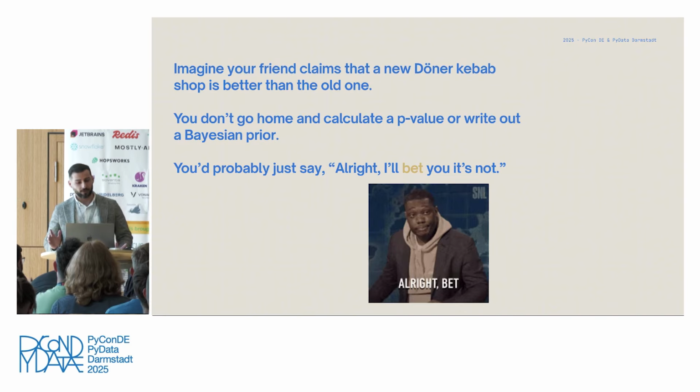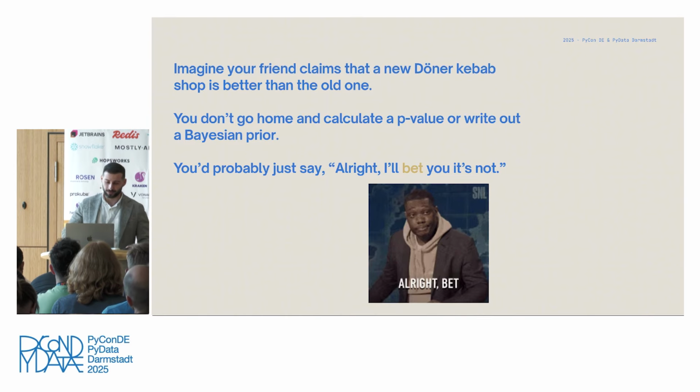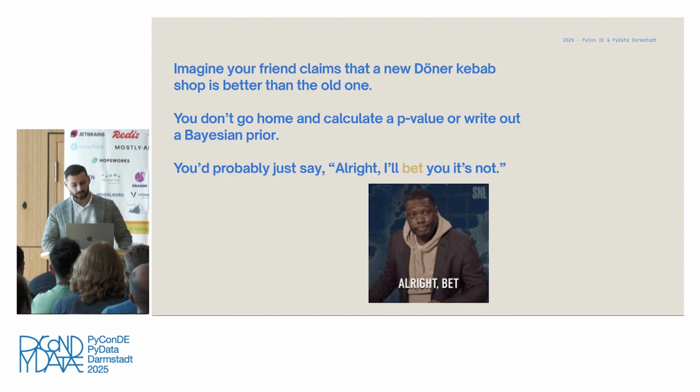You'd probably just say, all right, I'll bet you it's not. So many of you probably bet against your friends. But if you actually went home and calculated a p-value, I'm just going to assume that you have trust issues, nothing more than that. But this is just the foundational intuition behind it. We'll get into more about this betting interpretation.